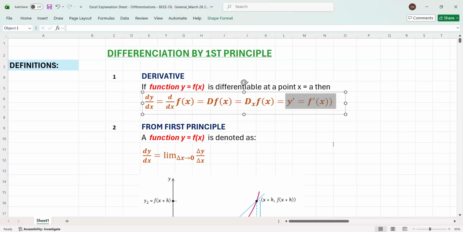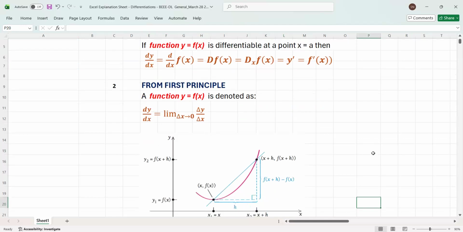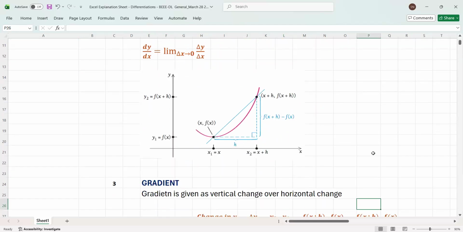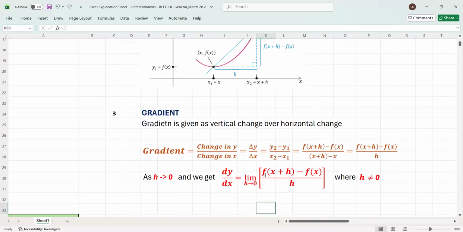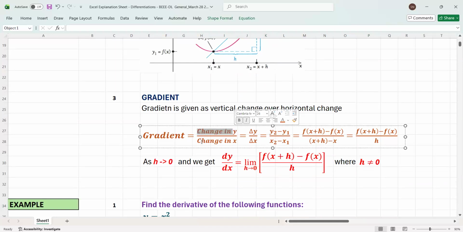Now, we said with first principle, if you have a curve and they give you 2 points and ask you to differentiate within those 2 points, then we will be using the gradient formula. That means change in y over change in x.